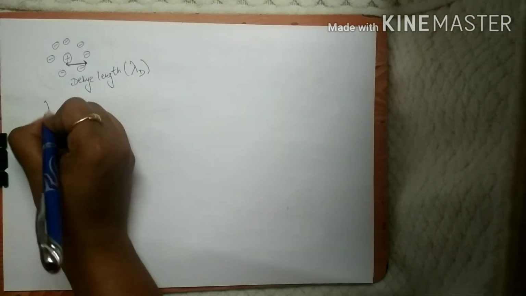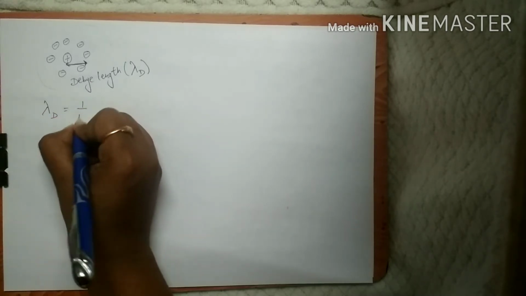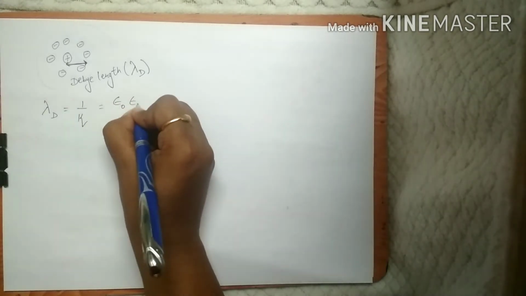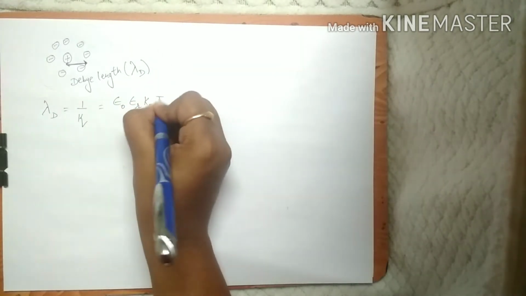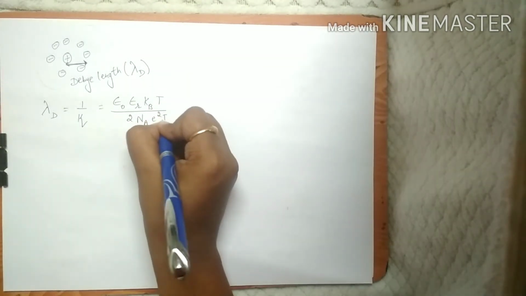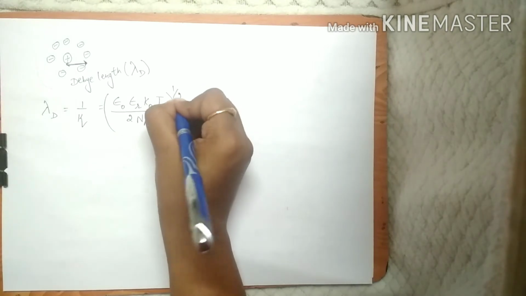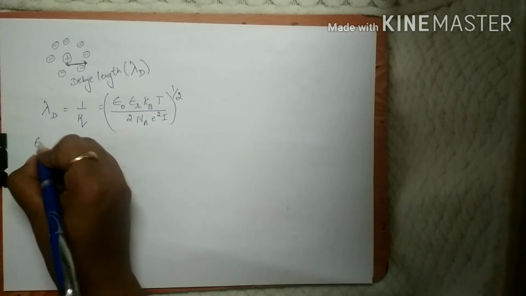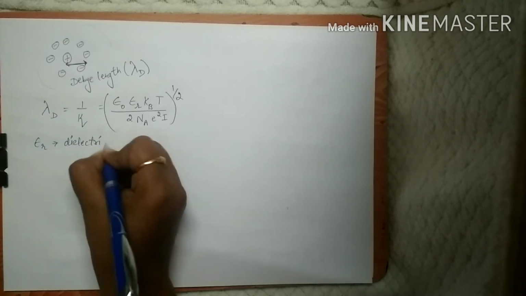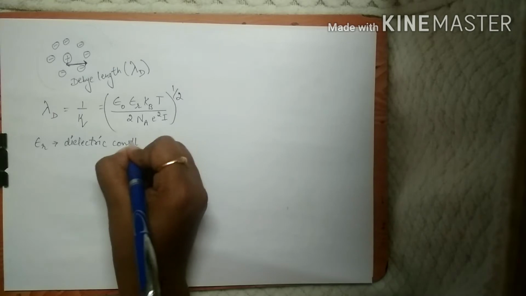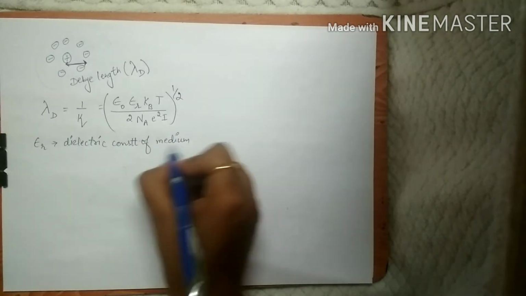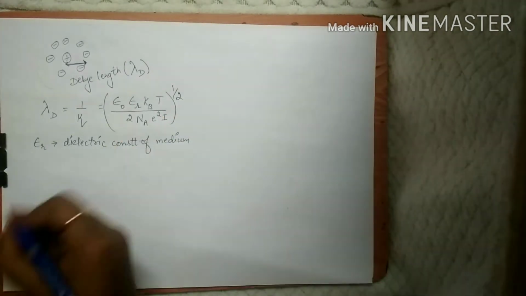So the formula is lambda D equals 1 upon kappa equals (epsilon naught epsilon r kb T upon 2 Na e square I) whole to the power 1 by 2. Here epsilon r is the dielectric constant of the medium. The medium is your solvent in which you have taken these ions, right?